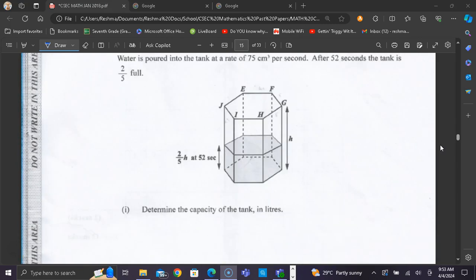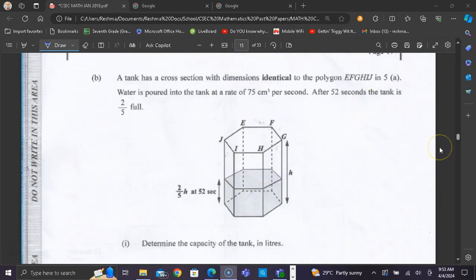To find the capacity of the tank in liters, we need to use this information that they gave us: water is poured into the tank at a rate of 75 cubic centimeters per second, and after 52 seconds, the tank is 2/5 full.